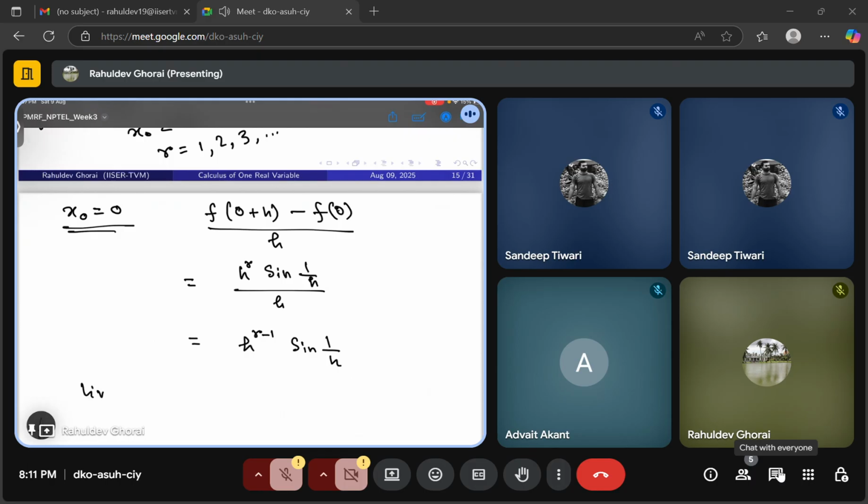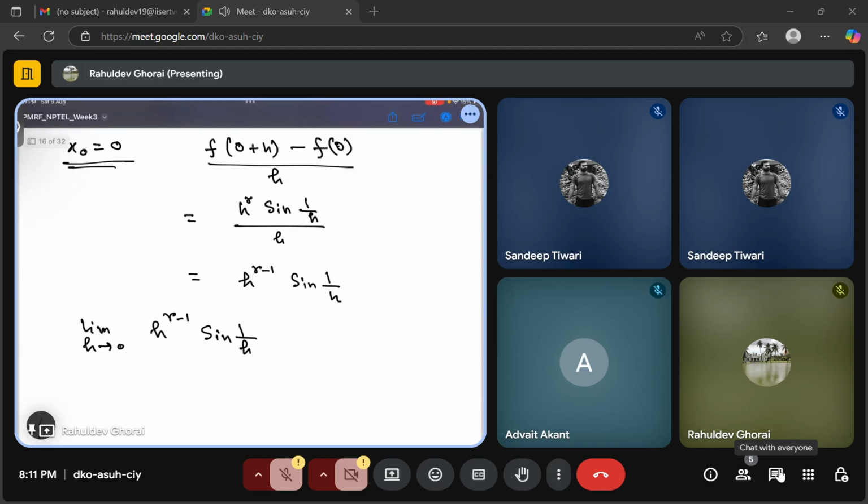So now the limit as h tends to 0 of h to the power r minus 1 sine of 1 over h. Whether this exists or not, that question comes.